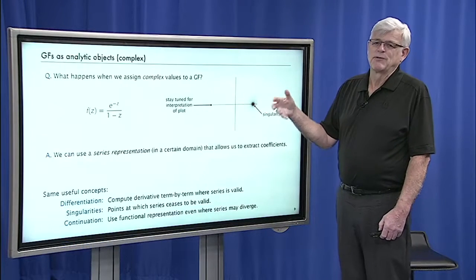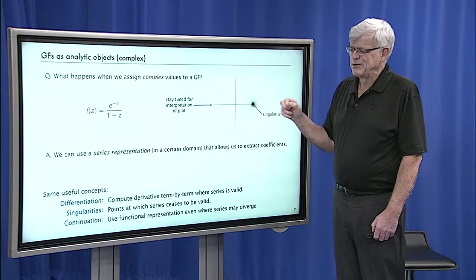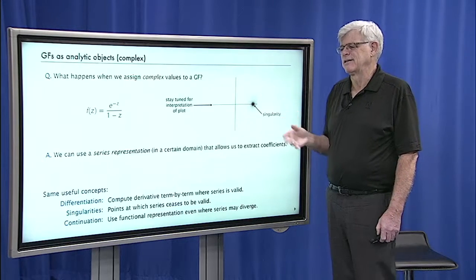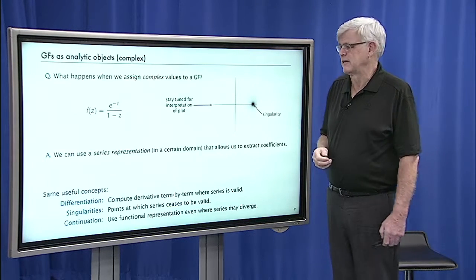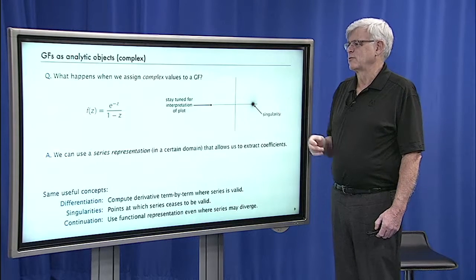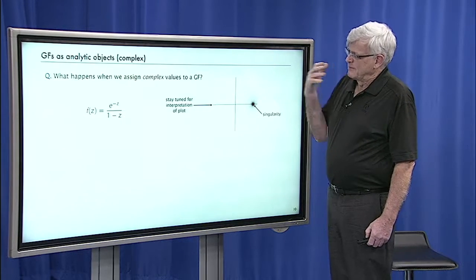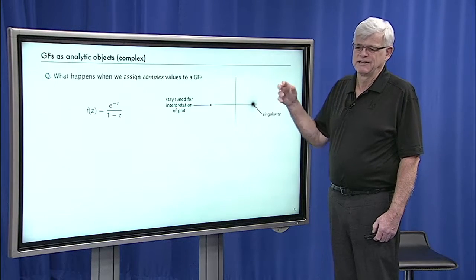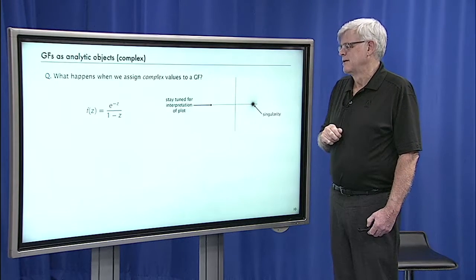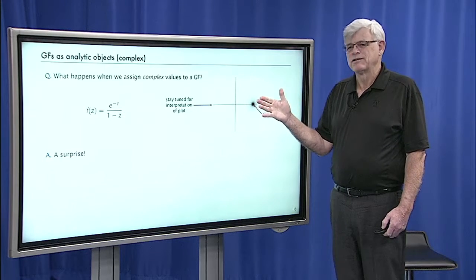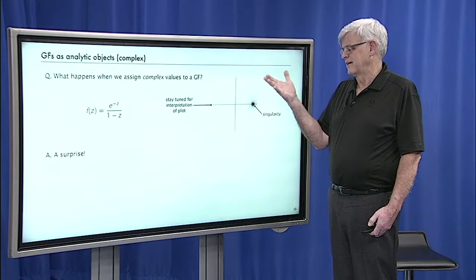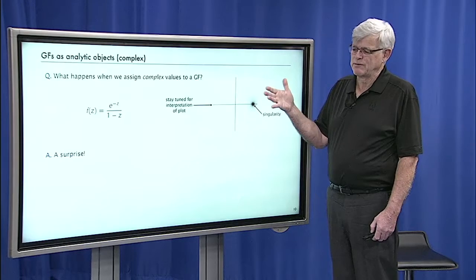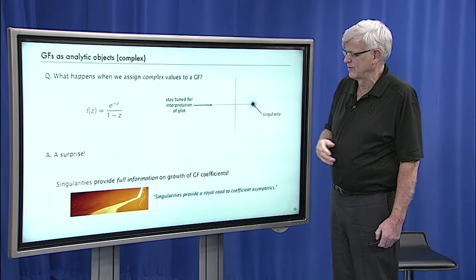And if you're not familiar with complex numbers, don't worry. I'm going to try to give you the concepts that we need in this lecture from first principles. But really, I want to talk about complex values in this opening segment because there's really a surprise that happens when we look at generating functions as complex functions.